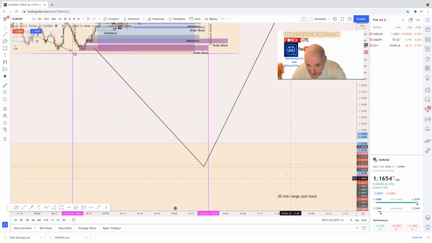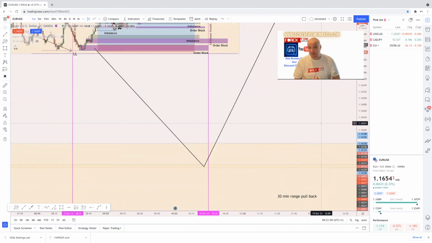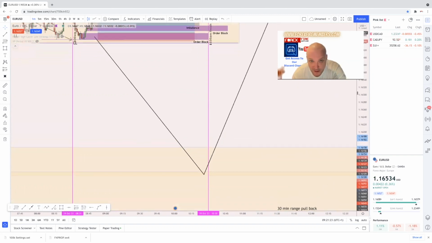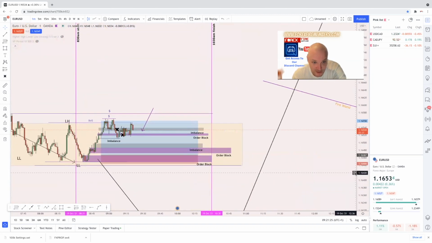This is nested inside of the 30-minute range pullback. And again, this might not happen now. It might not happen in the next few hours, but we still got the rest of today's trading during the 19th today. We can always look back to see if my bias was correct going into tomorrow's session.